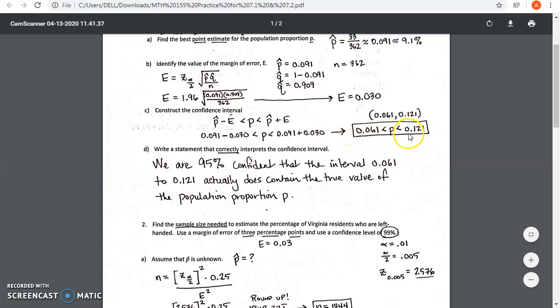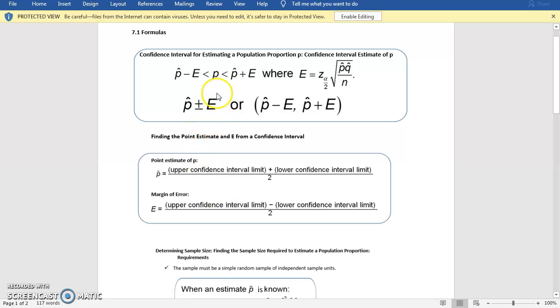Now you can write it like this, as a compound inequality. You can write it in this format. And let's see on your formula sheet, I think it shows you that. Yeah, so you can write your confidence interval here, where you subtract the error and then you add the error. You could write it p hat plus or minus the error.